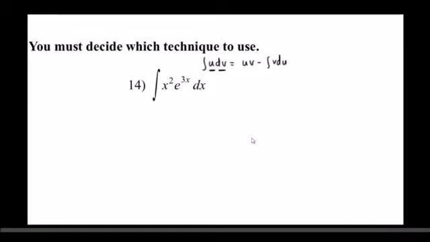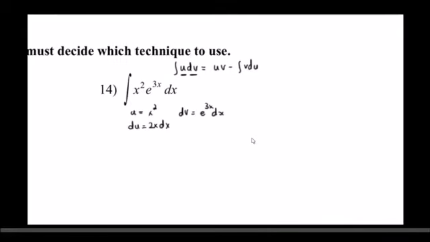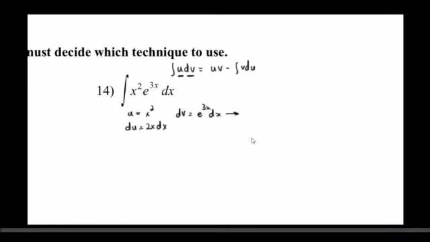So we've got to choose which one's u and which one's dv from the original expression. Remember, u is the expression whose derivative is more simple. So I'm going to say that u is equal to x squared. So then du is 2x dx. 2x is considered more simple because it is a degree less. So that means dv is e to the 3x dx. Well, that means v is the antiderivative of that.